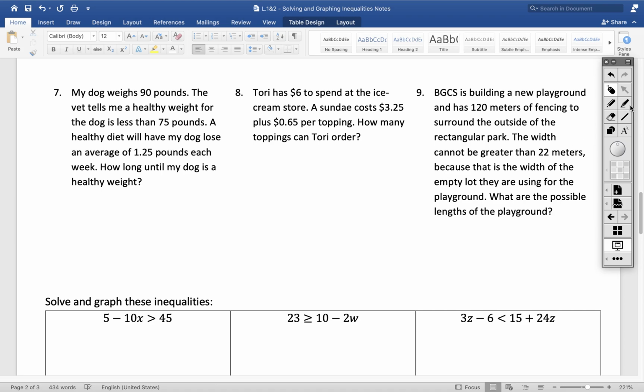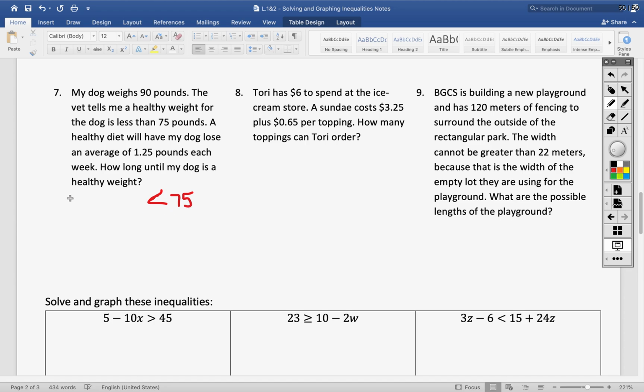Okay, my dog weighs 90 pounds. Okay, she's not quite that fat, but anyway. The vet tells me a healthy weight for the dog is less than 75 pounds. So I need my dog to weigh less than 75 pounds.